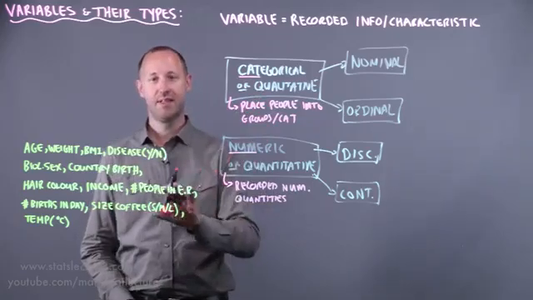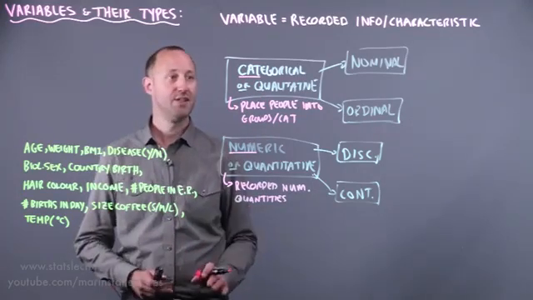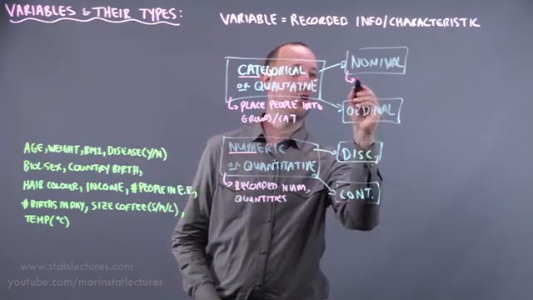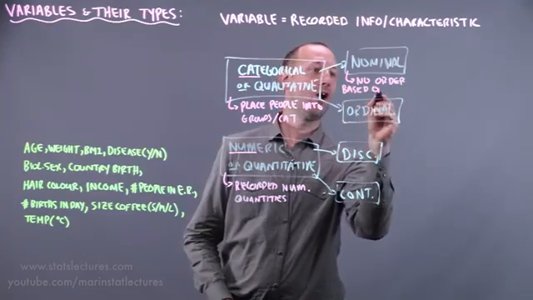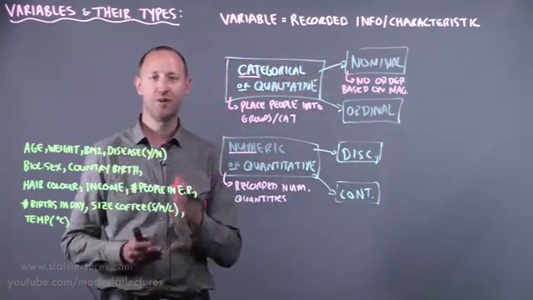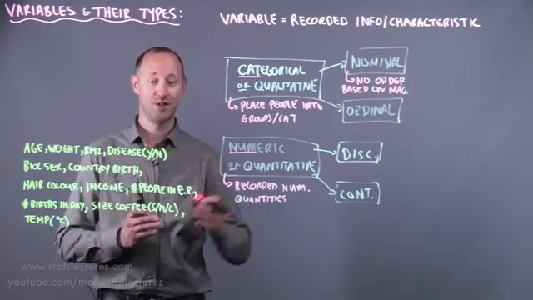Categorical variables, things like biological sex, right, male or female, country of birth, these sorts of things. Nominal means that there is no ordering based on magnitude or size. Right, so country of birth, you can order them alphabetically, but there's no smallest to largest ordering.